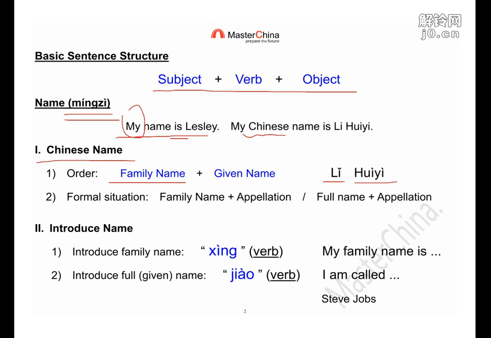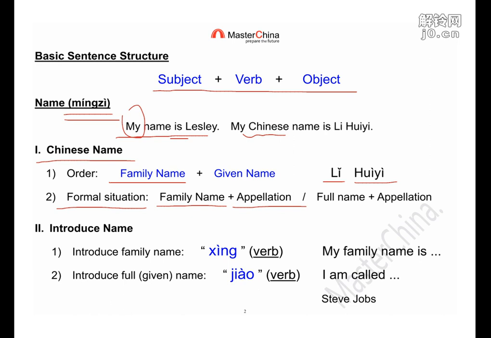So in a formal situation, how do we call people politely? Usually we call them by family name and put the appellation. In the last chapter, we said Miss Wang. Wang is the family name, Wang 小姐. Or Mr. Li, 李先生.